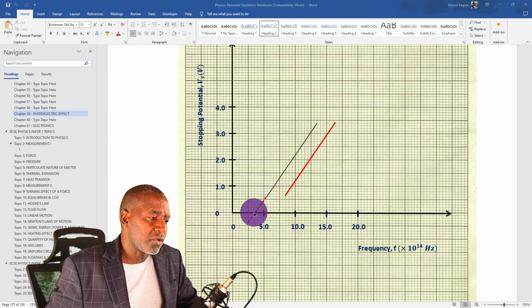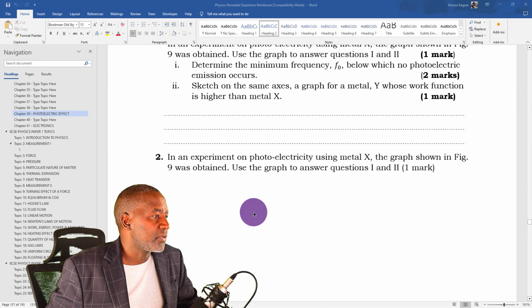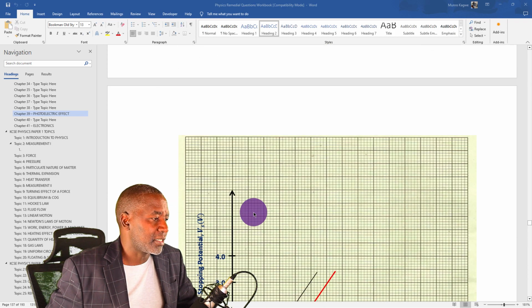That will be the value of the threshold frequency, 3.5 by 10 raised to power 14. Let me see whether that is the answer that I got.